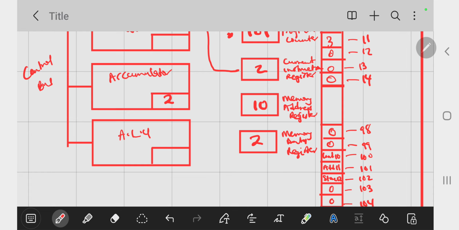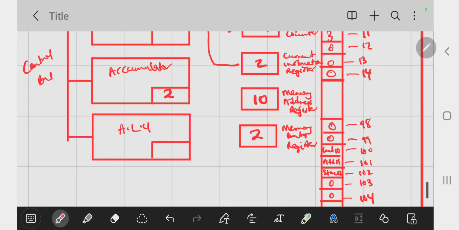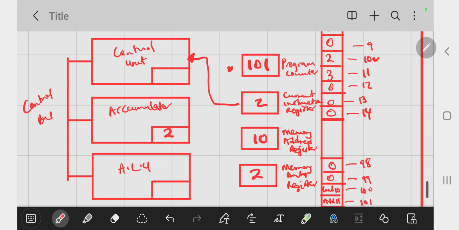So the first thing is that the memory address needs to be stored in the memory address register. So we can just copy this memory address from the program counter, then store it in the memory address register. Then we'll have 101.